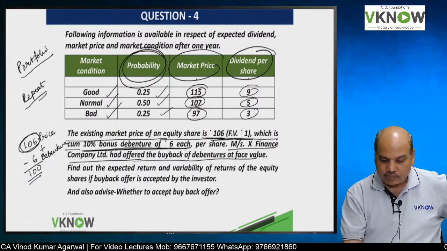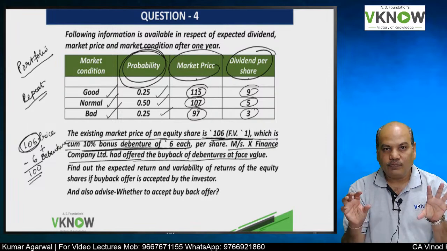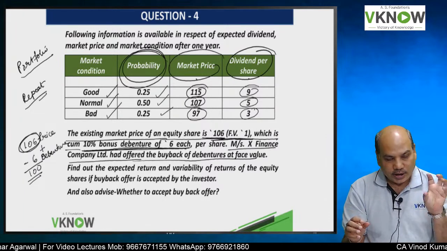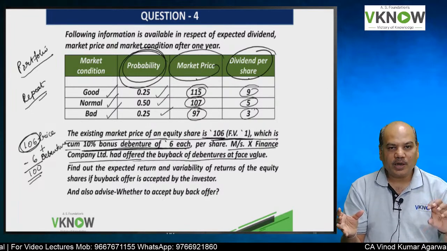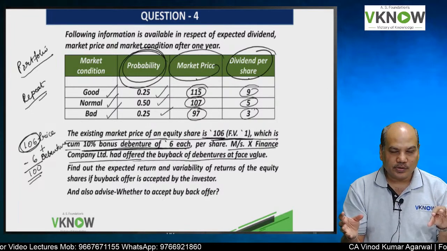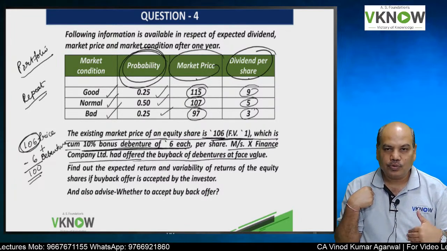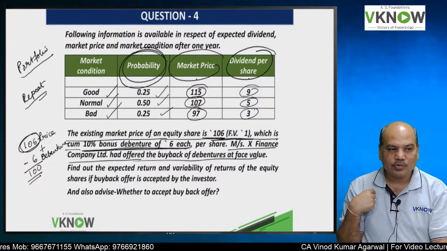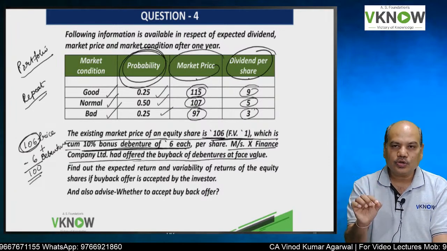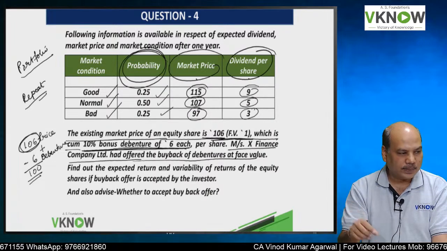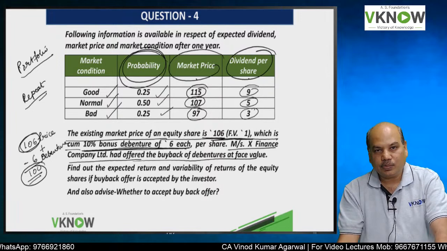Understand, 106 rupees comprises two financial instruments, a debenture and a share. The debenture can be bought back by the company today at 6 rupees. So if you buy a share at 106 and give the debenture back to the company, you will immediately get 6 rupees. So what is the cost of buying the share only? The pure cost of buying the share only is 100 rupees.